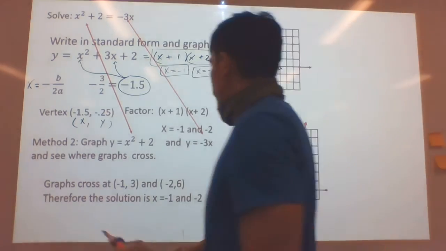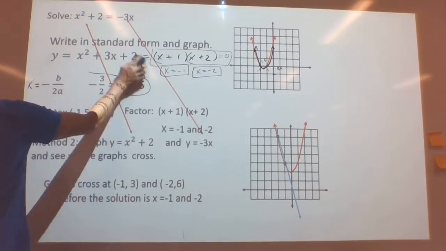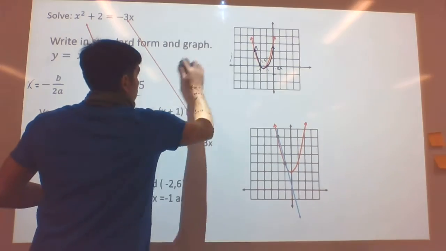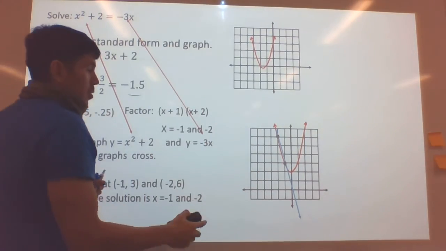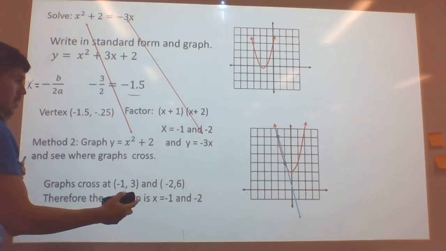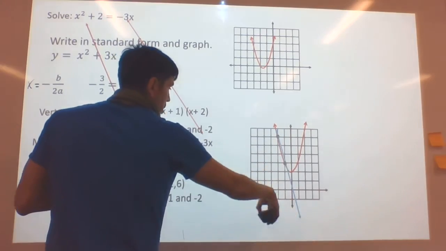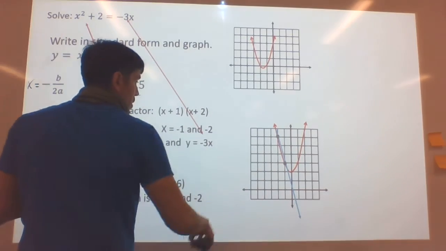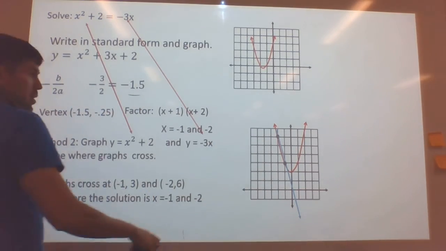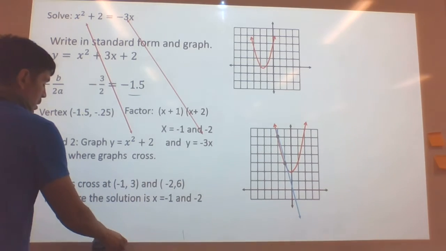So you can see here that indeed they do cross. And where do they cross? Again, down here we graph the linear equation and the parabola, and guess where they cross? They cross at x equals negative 1 and at x equals negative 2.